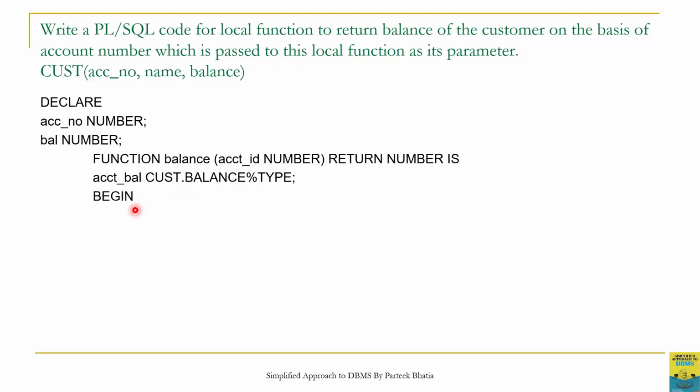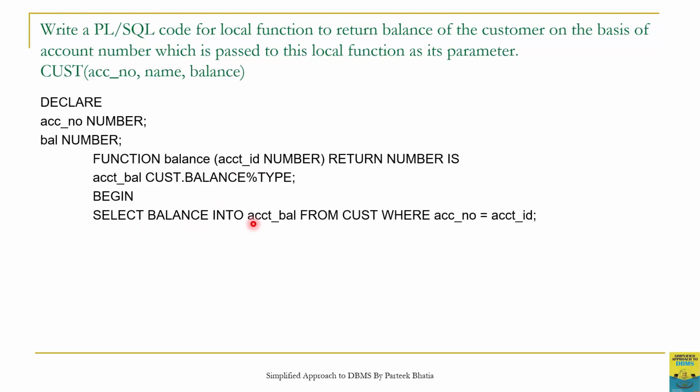And in the begin section of this function body, we have to select the balance of the customer for which account number is equal to this parameter. So we will write select balance into this variable, which is declared as customer.balance%type, from table customer, where account number is equal to this parameter.